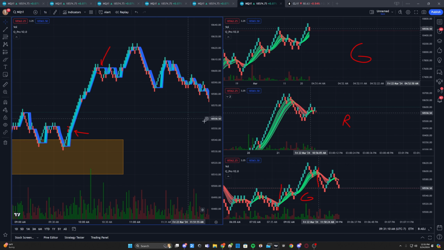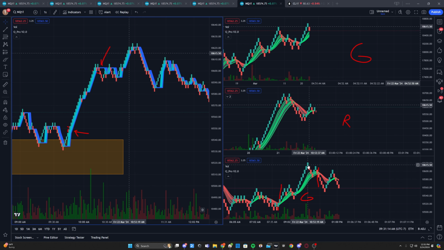And so the same thing here, we're not going to be looking to take shorts. The other thing is, once we've already made the move and we're extended, again, I'm still just looking for longs. So I'm not looking to trade this first pullback, I'm not looking to trade these little pullbacks.